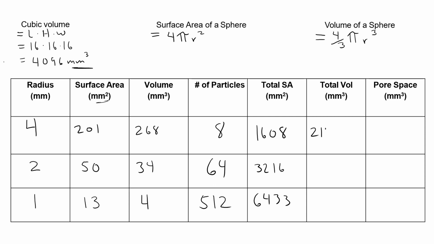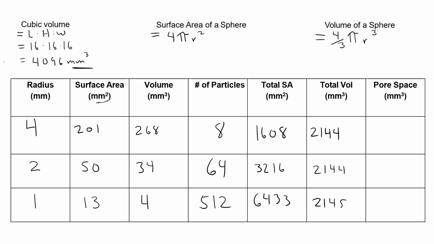We can calculate the total volume of these, and this is interesting. The total volume ends up being the same for all particle sizes. The only difference is if you're not carrying all the decimal places, but they're basically the same. So that's the total volume of particles. If we're looking for the total pore space in this cube, we subtract the solid volume from the total volume.